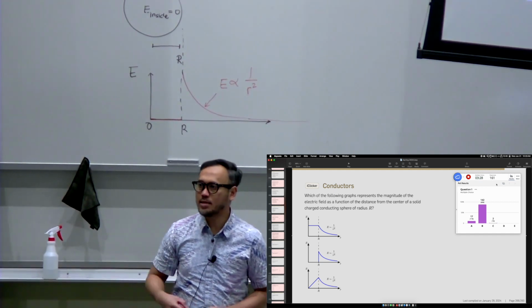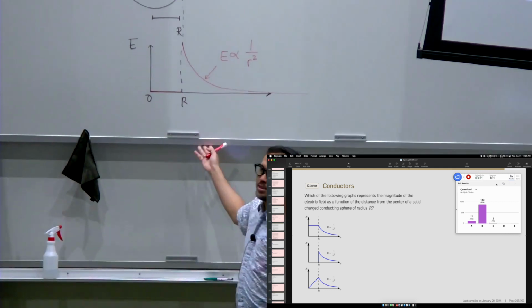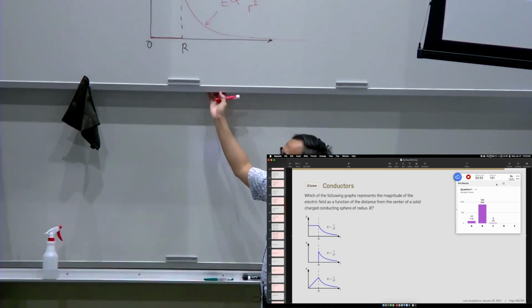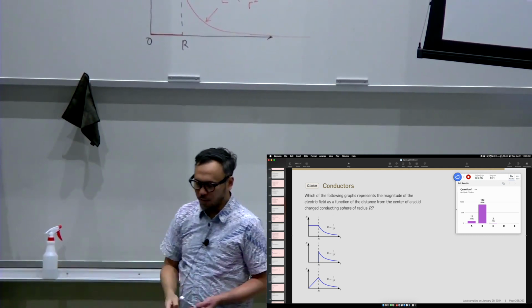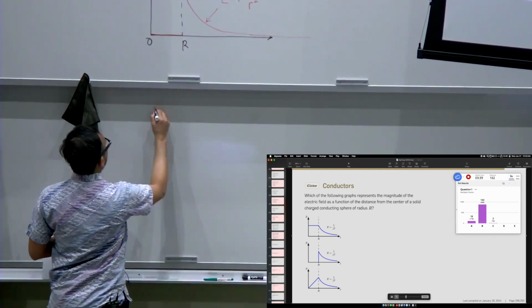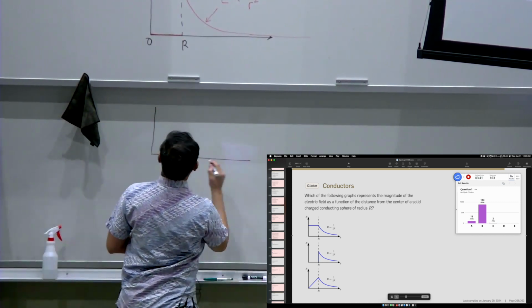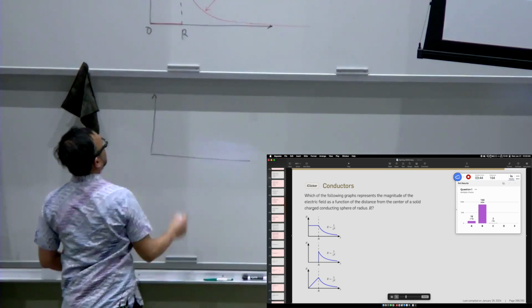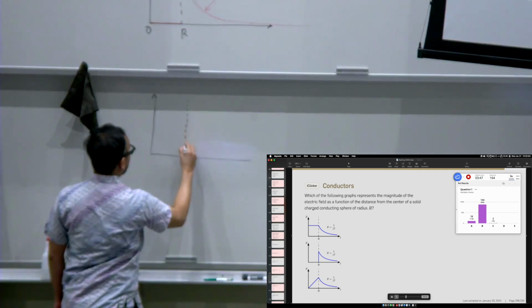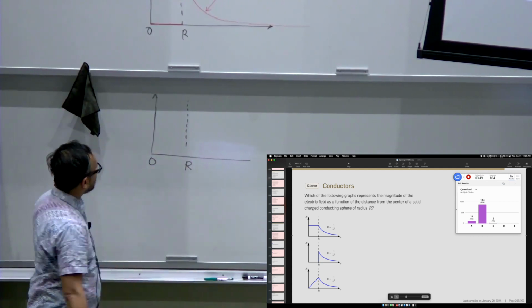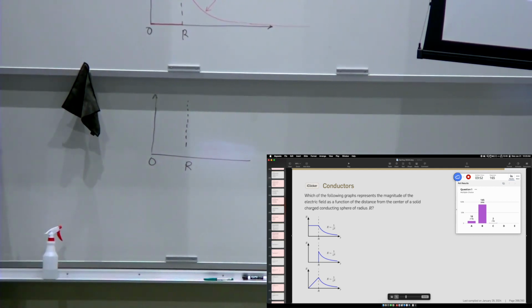Any other question? Is that clear or no? How about the voltage? So for the voltage, this is again R. What is the voltage inside a conductor? Does it depend on R, or change, or is it 0? Who thinks that the voltage inside the conductor is 0? Nobody. It can be.